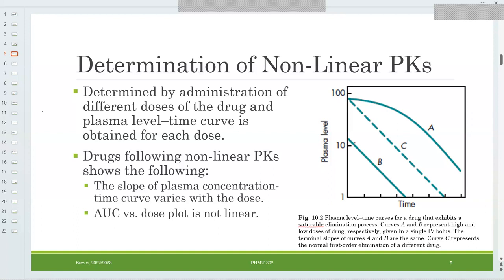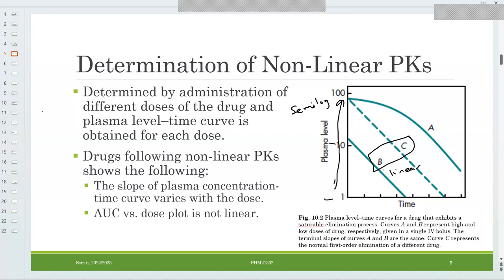For drugs that follow linear pharmacokinetics, if you notice here, the scale is such that the distance from 1 to 10 is the same as the distance from 10 to 100. This is semi-log. So you give an IV bolus dose, and it is supposed to give a straight line at both doses if the drug is following linear pharmacokinetics. So if the two doses give B and C, then this is linear.